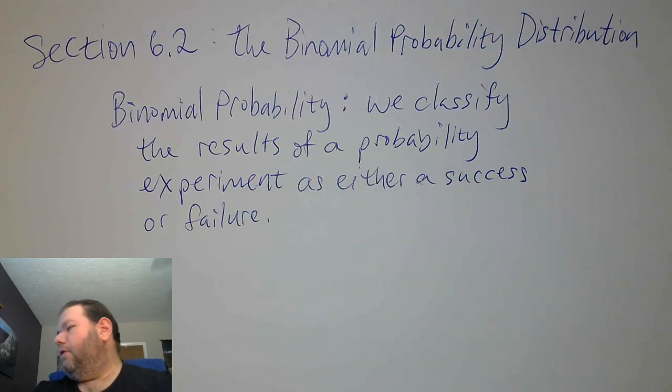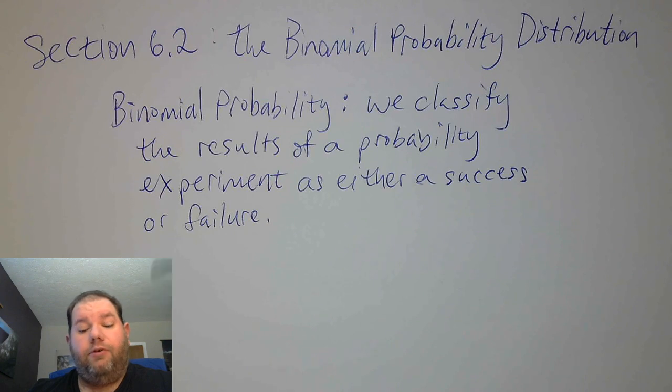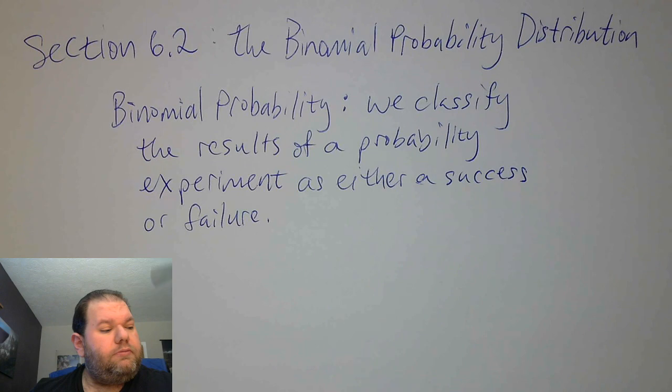Okay. So essentially we have two outcomes. That's why we call it binomial. Bi meaning two. Because we only have two outcomes, one of the nice things is each outcome is the complement of the other. Okay.